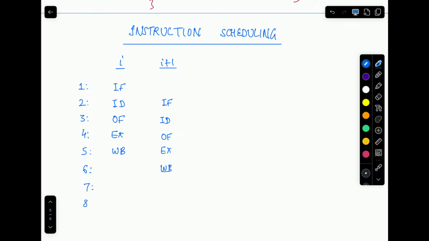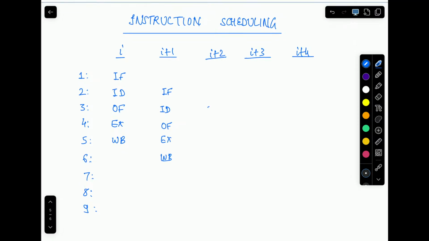Then let's say I have 5 instructions like this: I plus 2, I plus 3, I plus 4. And let me just keep filling my pipeline to figure out how many cycles I need to execute all of these instructions if I have a pipeline architecture available. What would be the number of cycles I need here? 9 cycles.